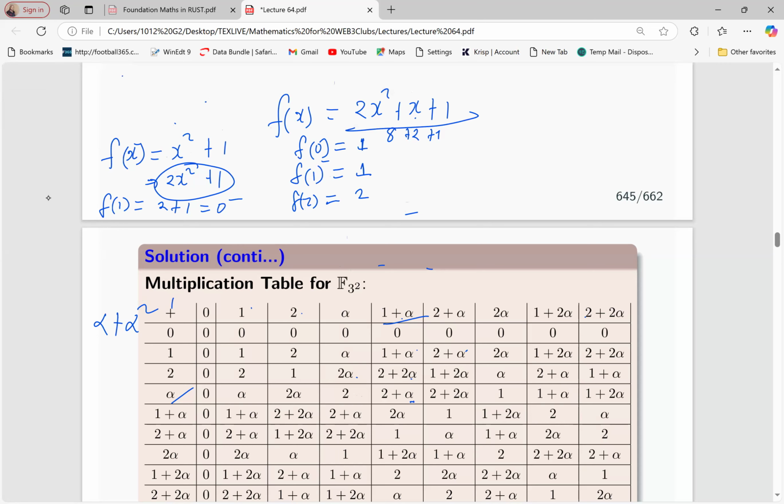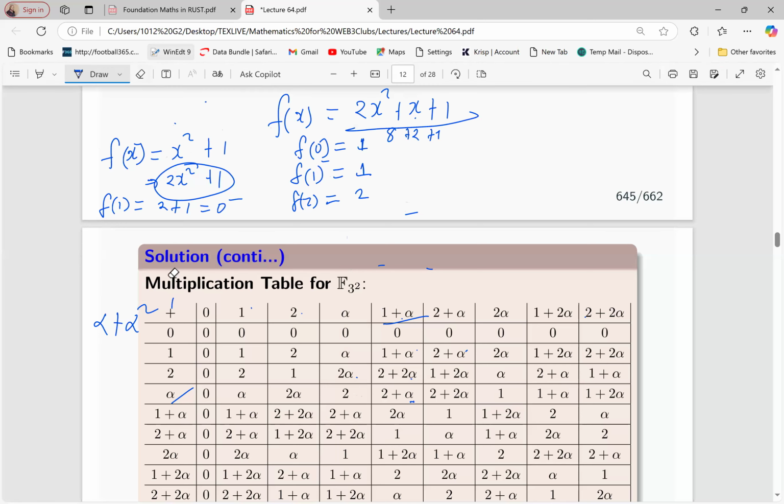So I think the question is, how do you use this to multiply? Let's go back here and I'll show you how to use it. We had multiplied alpha and alpha.